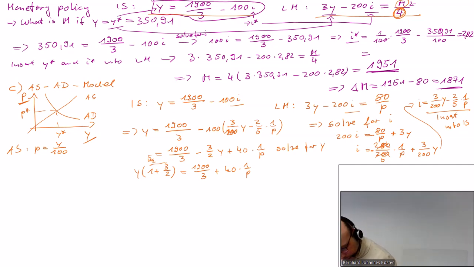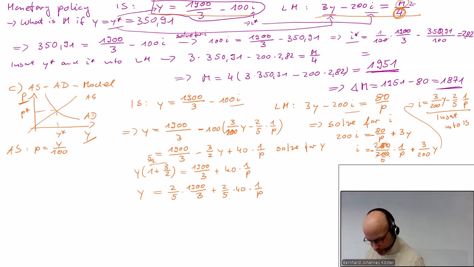So we obtain y equals, oops, 2 over 5 times 1900 over 3 plus 2 over 5 times 40 times 1 over p. So this is 8. 2 times 8 is 16.